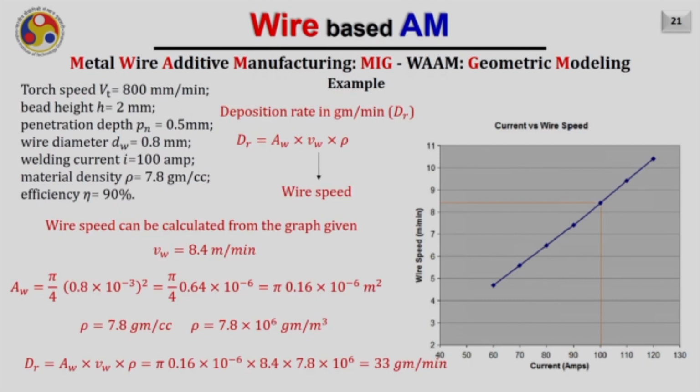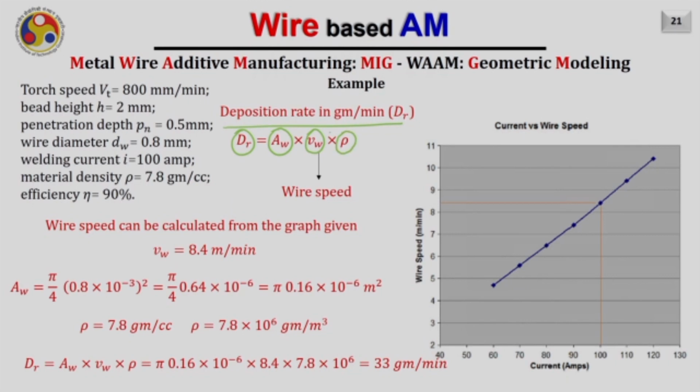Now let us first find out the deposition rate. The deposition rate can be found in two ways, either from the wire side or from the deposited bead side. If we are considering the wire side, the deposition rate, which I am writing as dr, will be equal to the cross sectional area of the wire multiplied by the speed of the wire by which it is coming out of the nozzle, multiplied by the density of the wire.